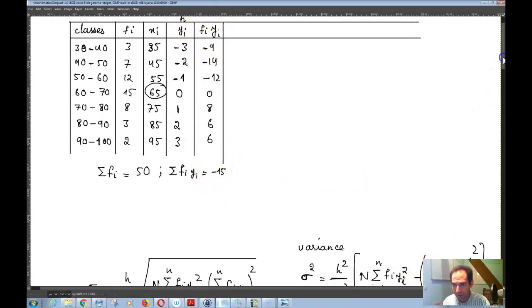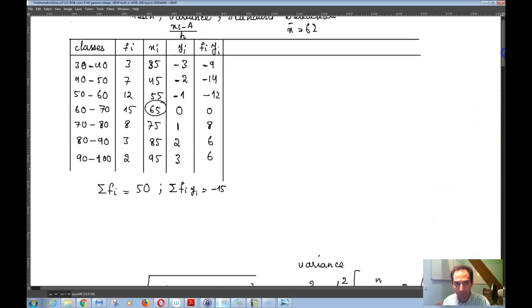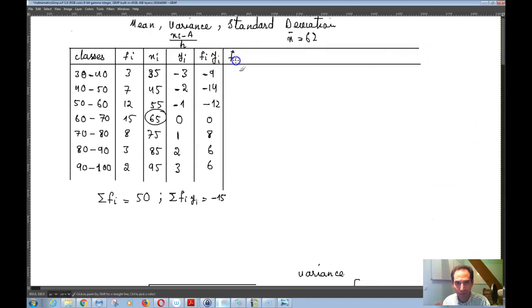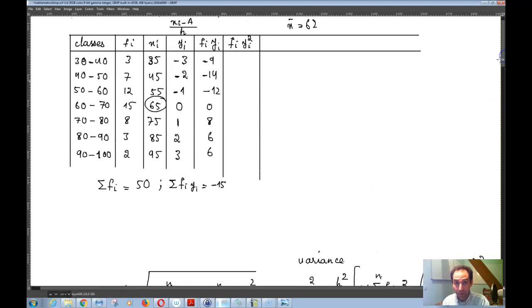So this part is already done. The only thing that we need here is f of i times y of i squared, and then take the sigma of that.